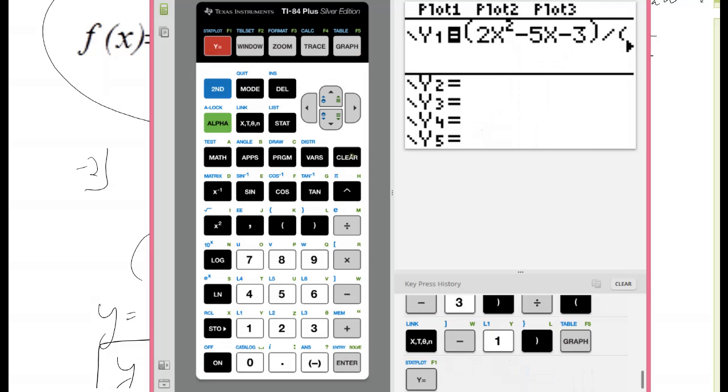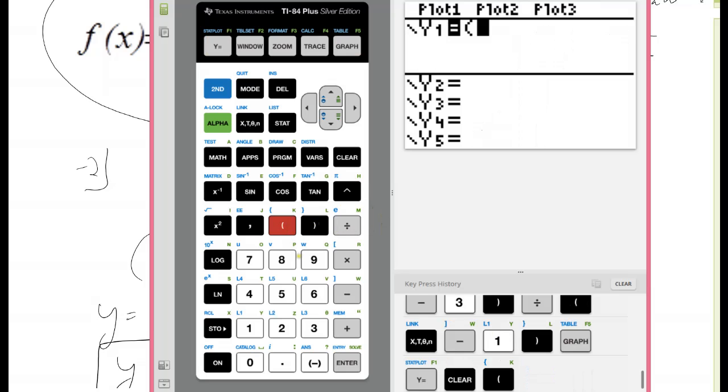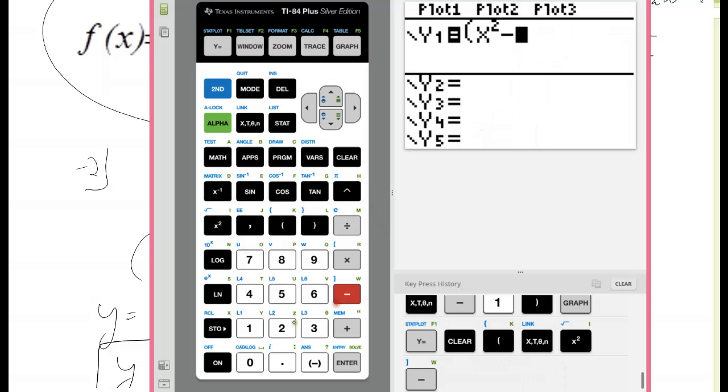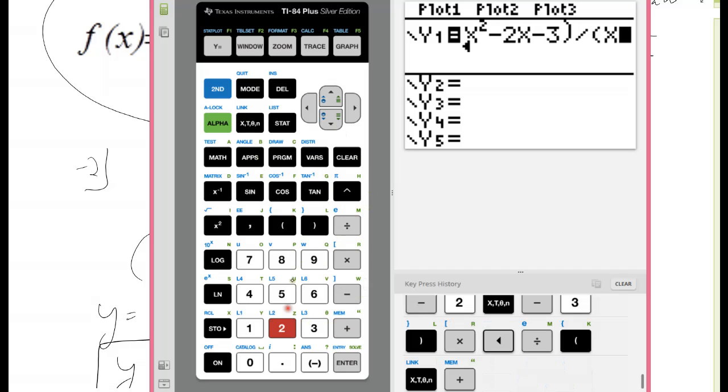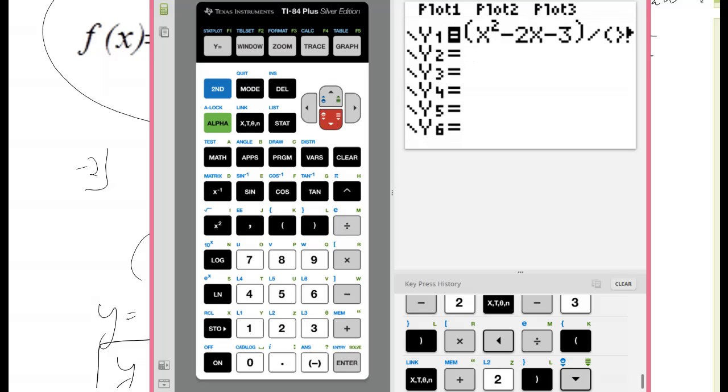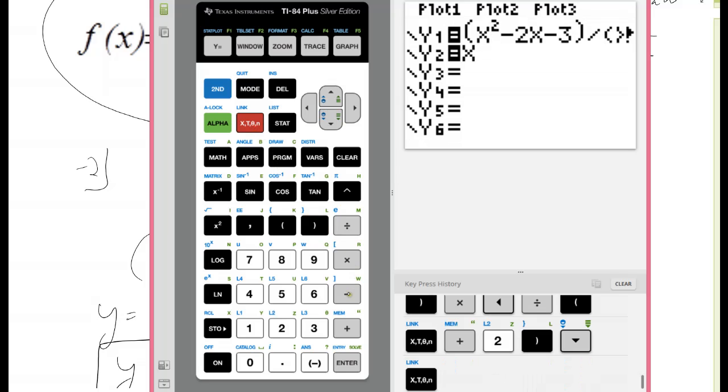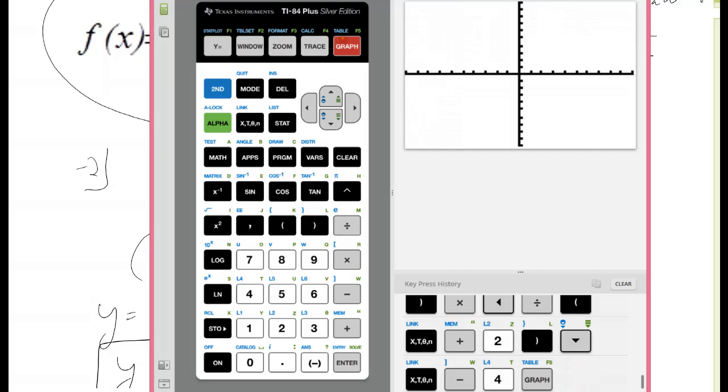So I'm going to go back in here, clear that one out, retype in my new function, which was x squared minus 2x minus 3 divided by x plus 2. Parentheses, don't forget to do parentheses, otherwise it won't follow order of operations. Alright, then I'm going to plug in my slant asymptote, which was the line x minus 4. Hit graph.